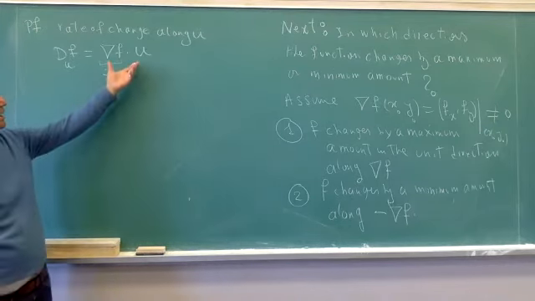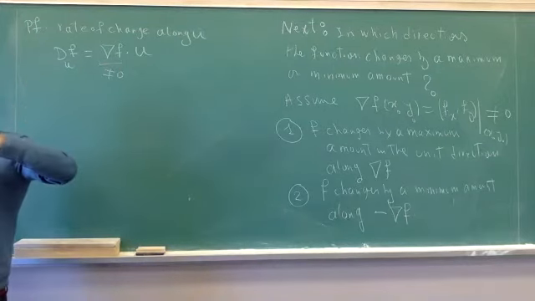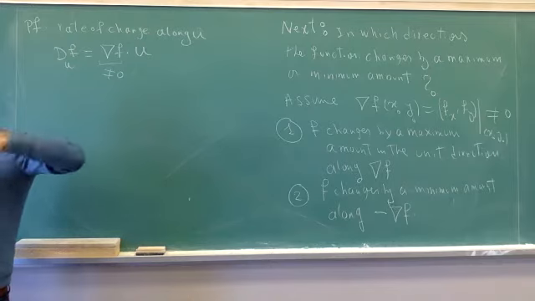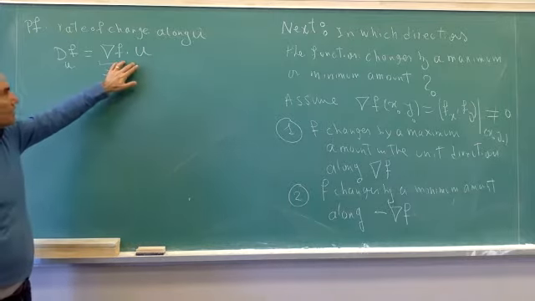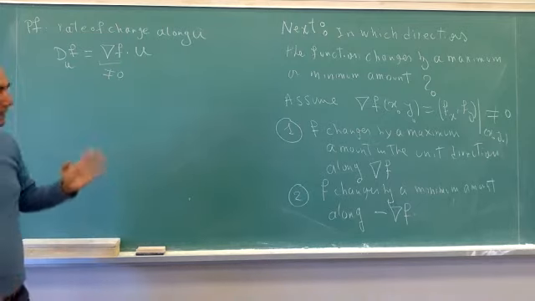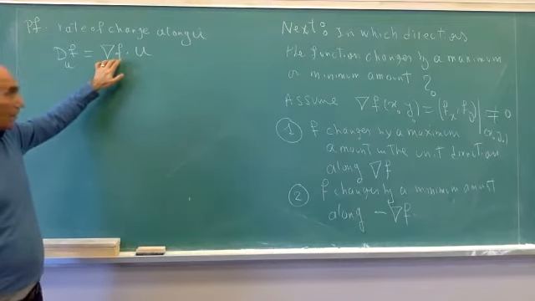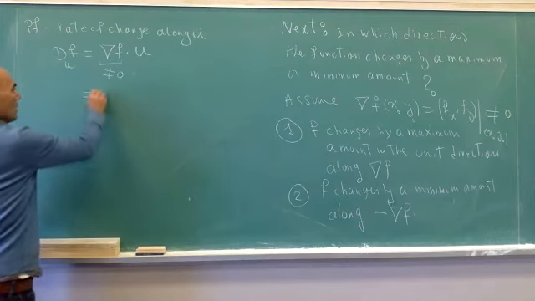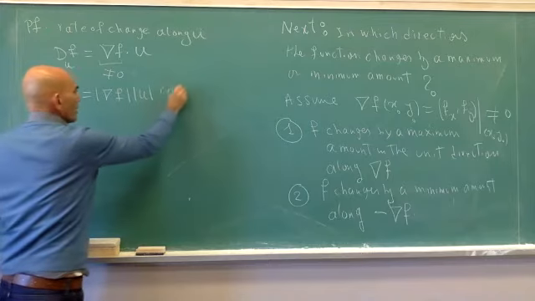Now, can you tell me for which u this is going to be maximum, for which u this is going to be minimum, and for which u this is going to be zero, for example? We know that this number is equal to the length of the gradient of f, times the length of u, times cosine of theta.